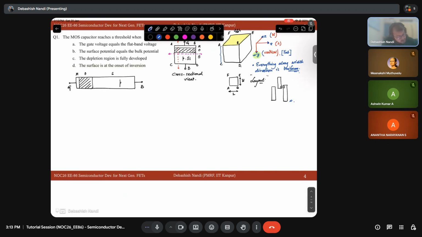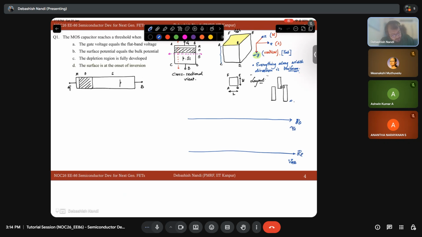Let me just draw two real number lines. In one case, I am concerned with VGB. In another case, I am concerned with psi s, the surface potential. We'll define that, okay? And we'll mark the regions.